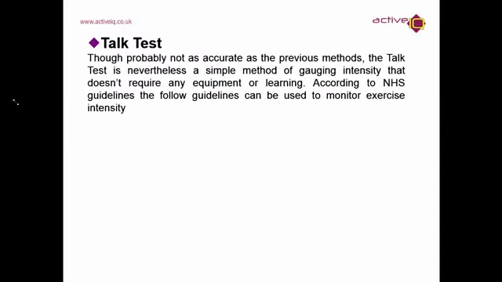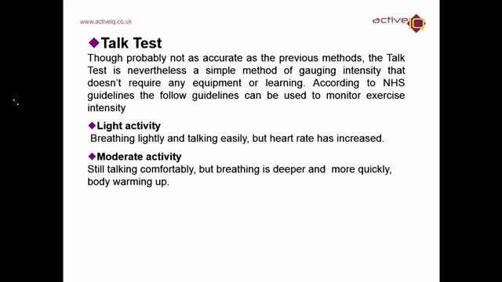We then have something called the torque test, and the torque test again is not as accurate as the previous two. So heart rate is the most accurate. We then have the middle area, which is RPE, which is a bit less accurate than heart rate, but it's more accurate than the torque test.